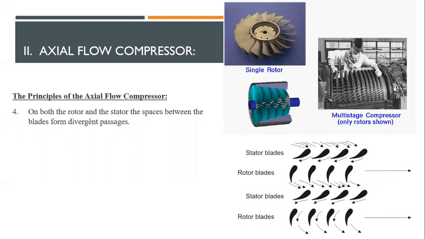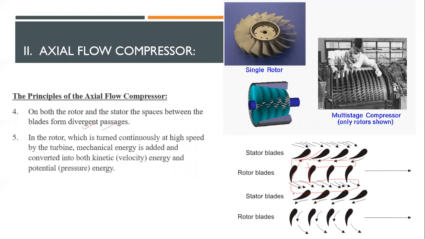On both the rotor and the stator, the spaces between the blades form divergent passages. Okay, you can see this is narrow and this is broad. And this place is again divergent, divergent, divergent. So all these places, the pressure increases, velocity reduces.